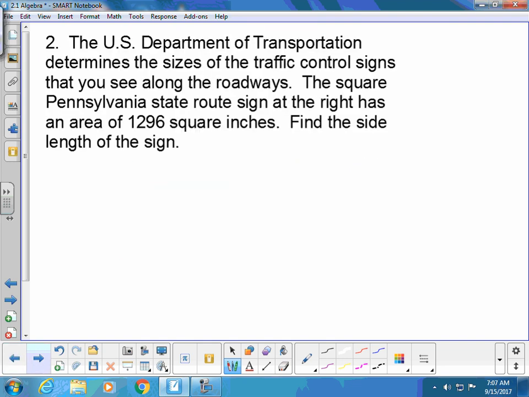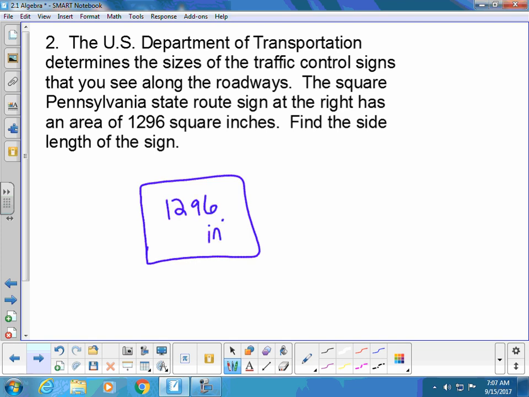Alrighty, last one. The U.S. Department of Transportation determines the sizes of traffic control signs that you see along the roadways. The square Pennsylvania State Road sign has an area of 1296. That's supposed to be a square. I don't know why I drew a rectangle. There, it's a square. 1296 square inches.